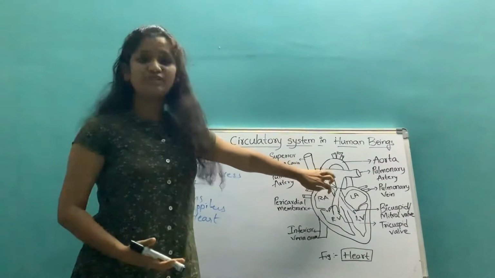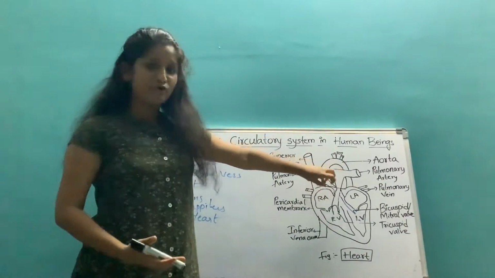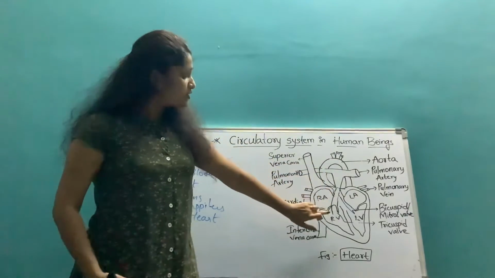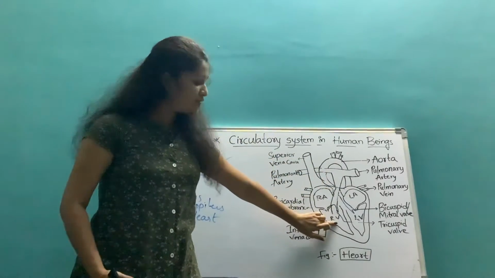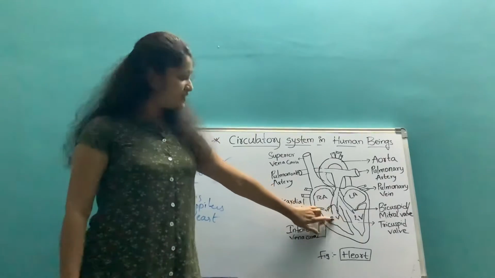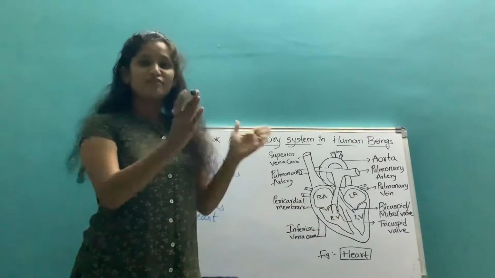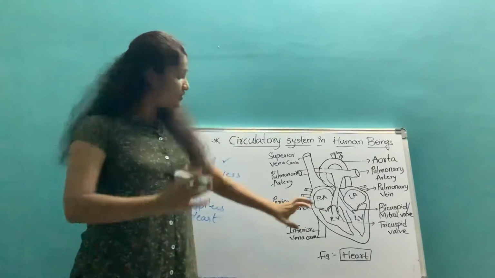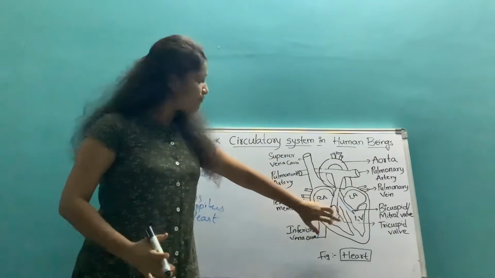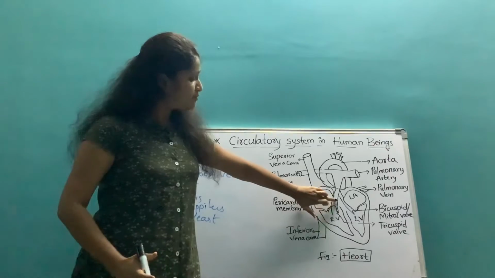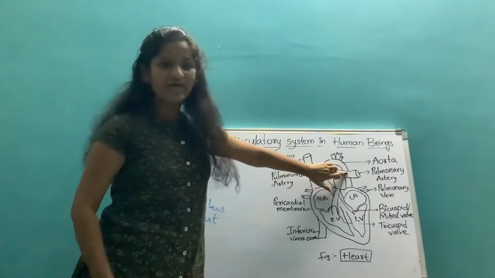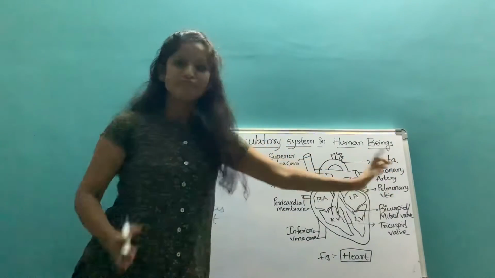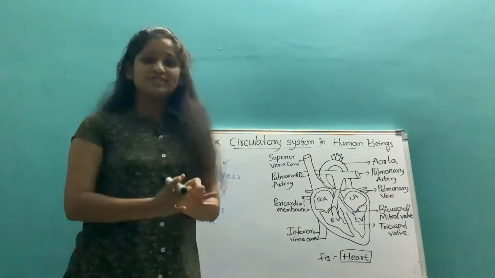Once it is received in the right atrium, the atrium contracts, pushing the deoxygenated blood into the right ventricle. The walls of the right ventricle contract and the deoxygenated blood is sent into the pulmonary artery to the lungs for oxygenation.